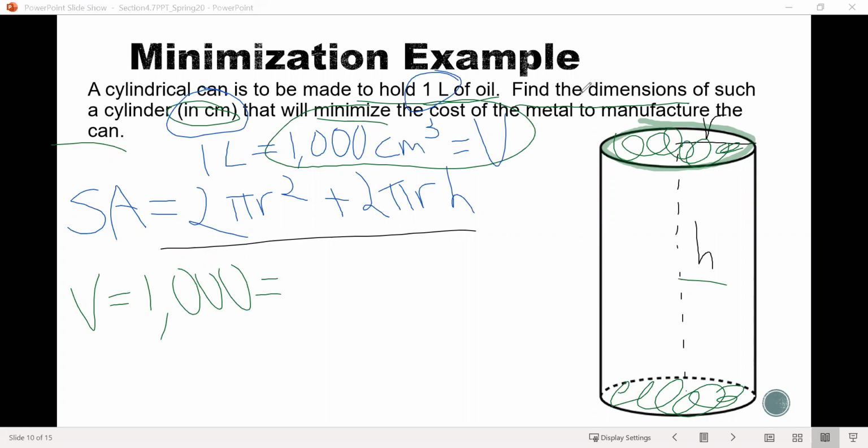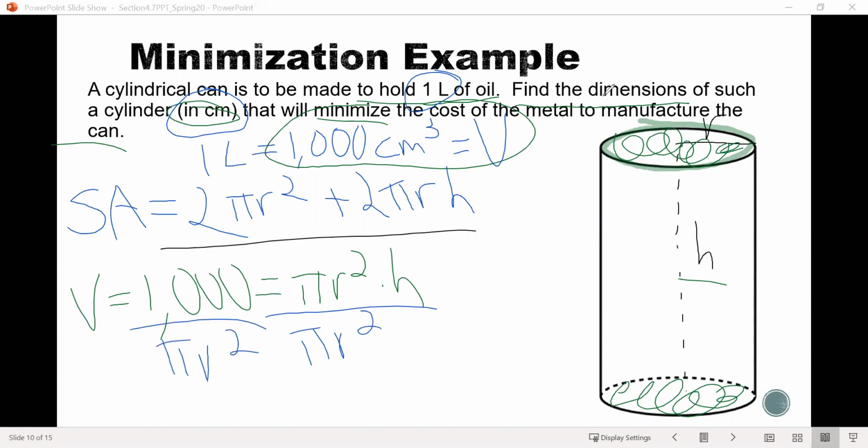And if you recall the formula for the volume of a cylinder, it's the area of a base, which is pi r squared, times the height. And here we can solve for h. Dividing by pi r squared, we get that h equals 1,000 over pi r squared.